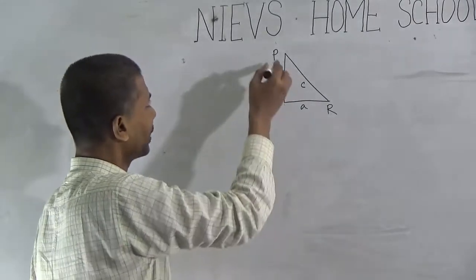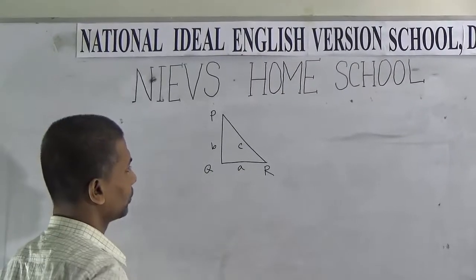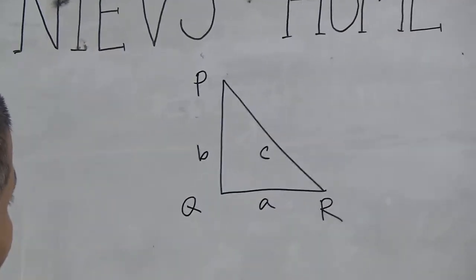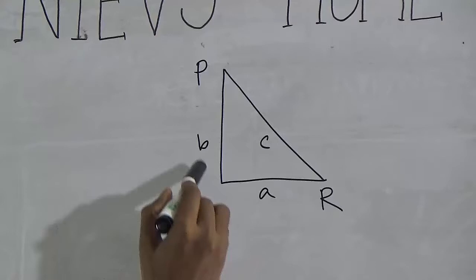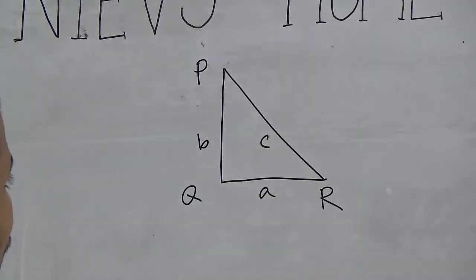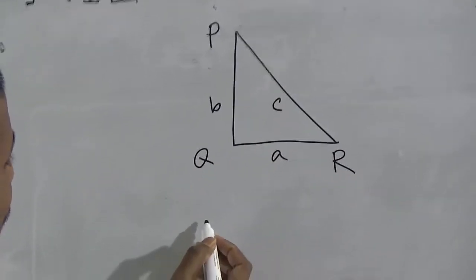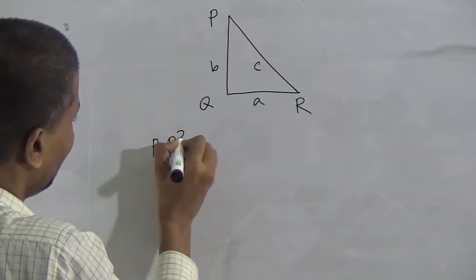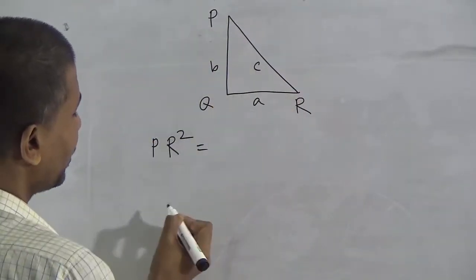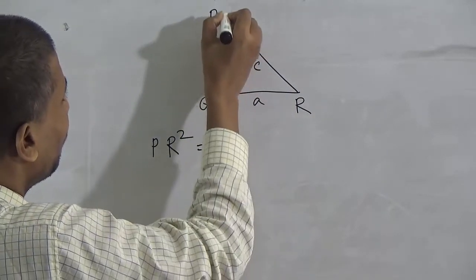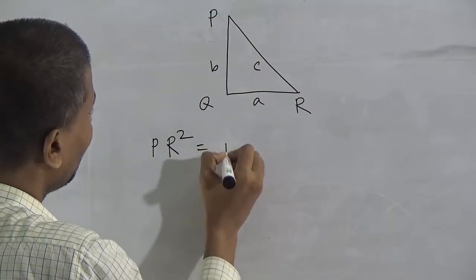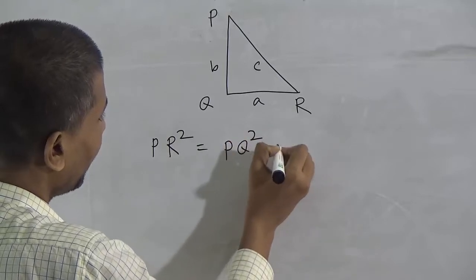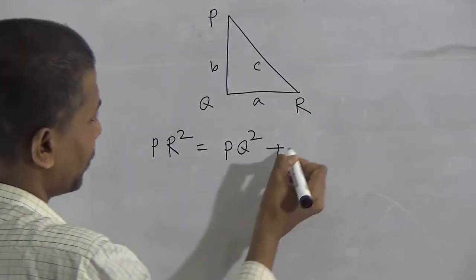Look, the figure PQR is a right angle triangle where QR equal to A, PQ equal to B and PR equal to C. Okay, in a right angle triangle we have to prove that PR square, that means this hypotenuse, is equal to PQ square, this is perpendicular, and QR square, this is base.